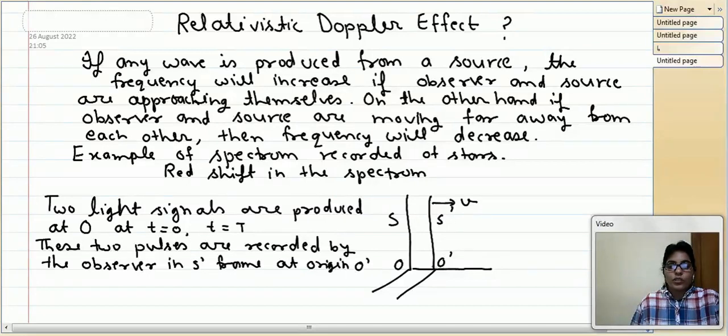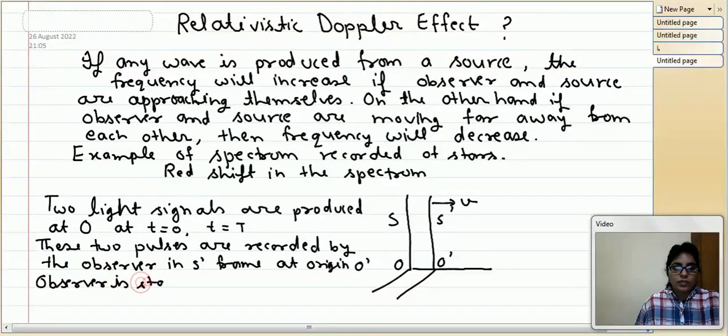At this position these two pulses are recorded, and we will see what the time period recorded by the observer sitting at O dash will be. Because the observer at O dash is stationary, delta x dash will be 0.